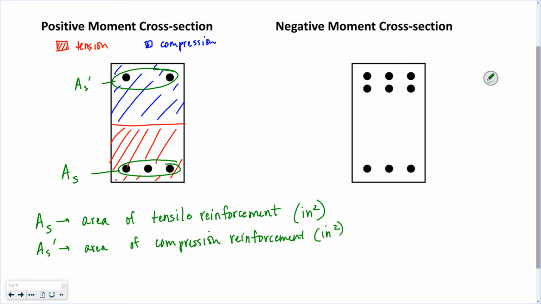There are some distances that I need to know. I'm going to start from the compression side, if I can draw a straight line.